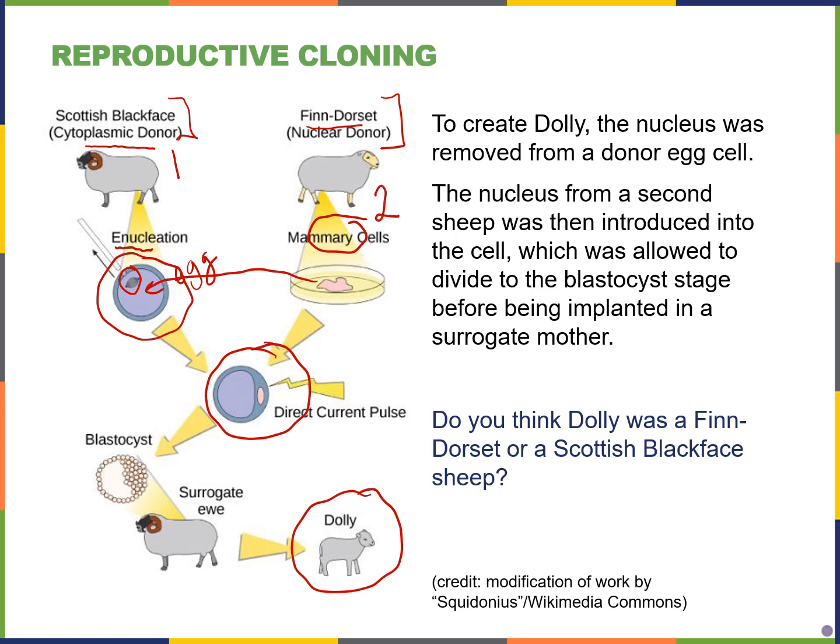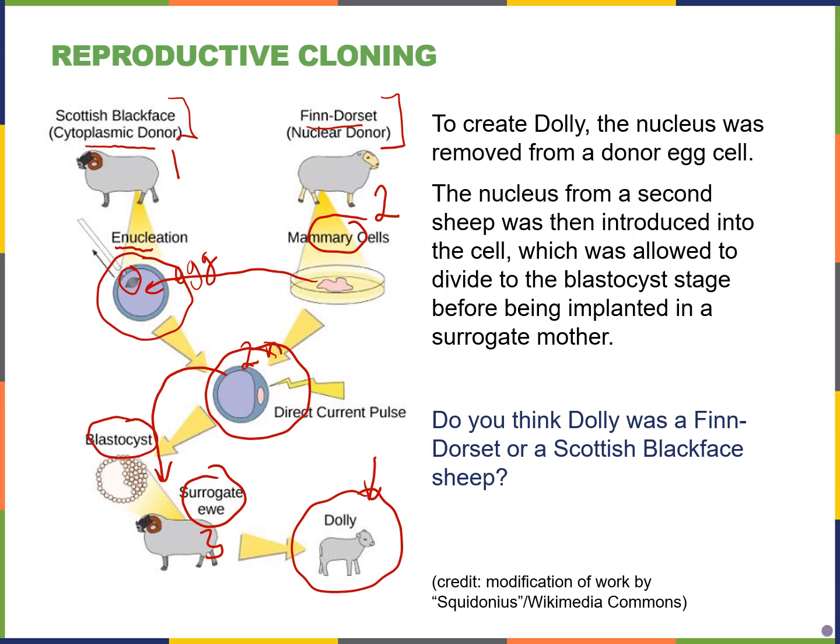They took this egg, and now it's a diploid cell, and they implant it into a surrogate, a third sheep. And they let this cell develop into a zygote and then develop into a ball of cells known as a blastocyst, which is really a precursor to the fetus. And ultimately, we have Dolly as our final product.